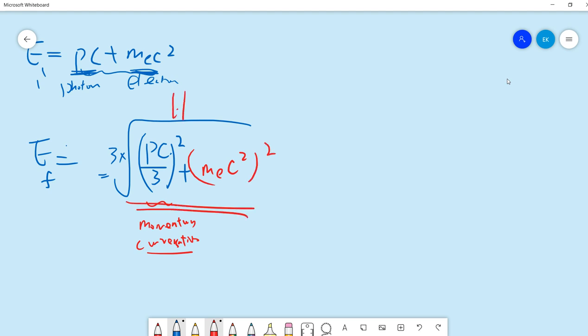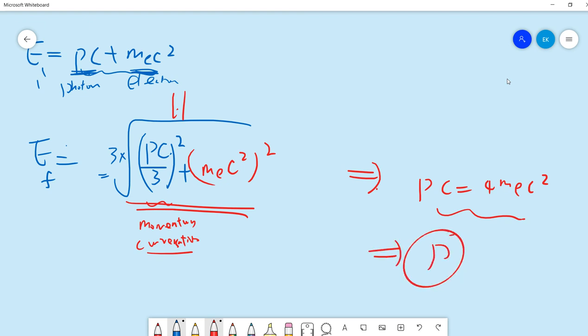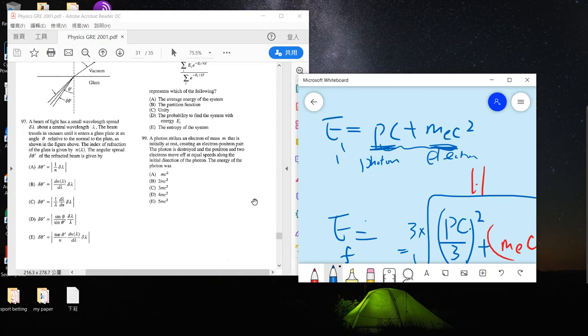Then you set them equal and you can solve it. Just square it and cancel some c squared terms, and finally you get the answer is D. So you get PC equals 4mc squared. You want to find PC because P times C is the photon energy.